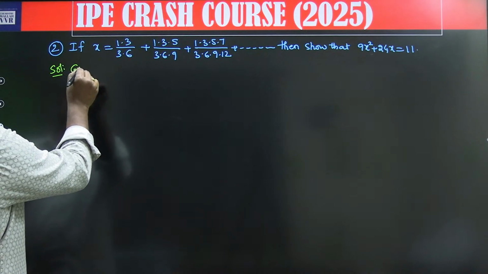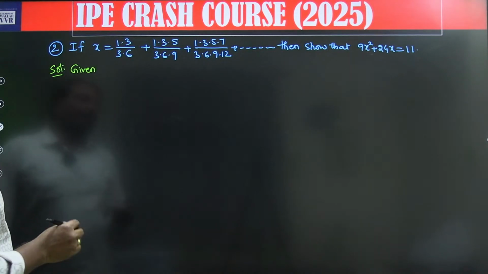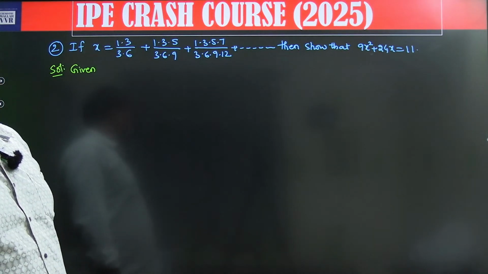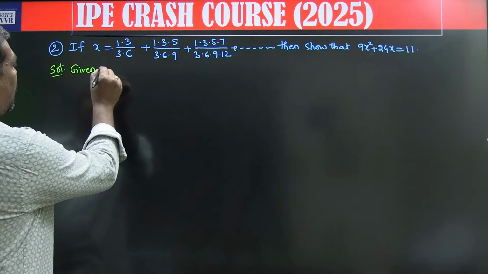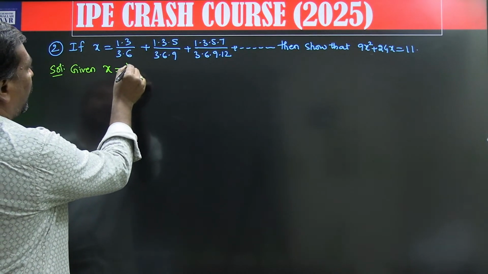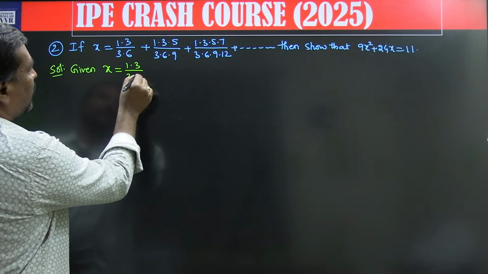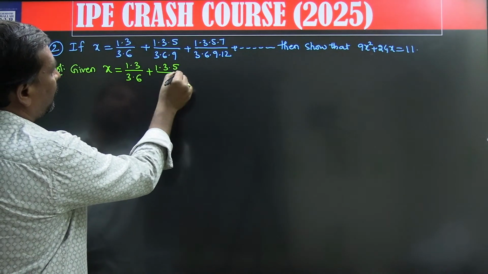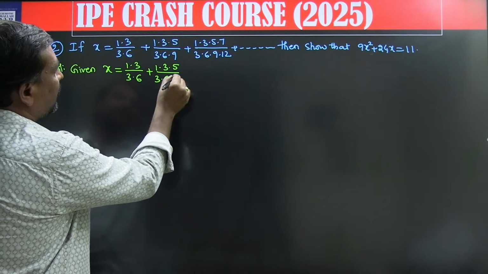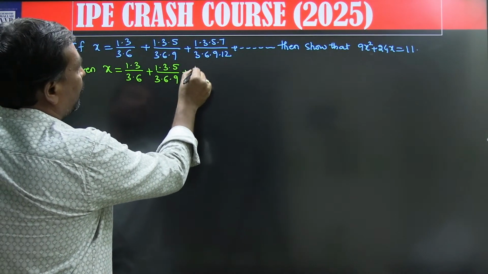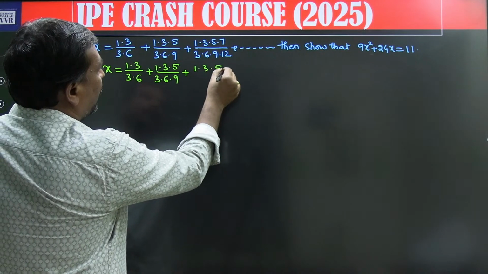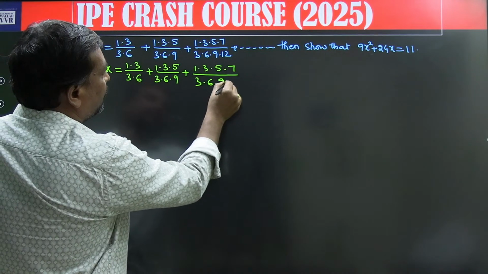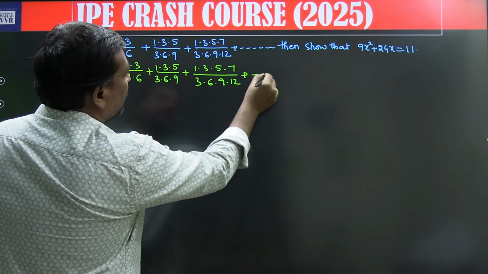Given in the last problem we had taken some, yes, but here they have already given x. So x = 1·3/(3·6) + 1·3·5/(3·6·9) + 1·3·5·7/(3·6·9·12) + and so on.